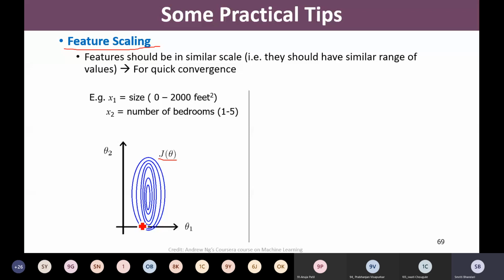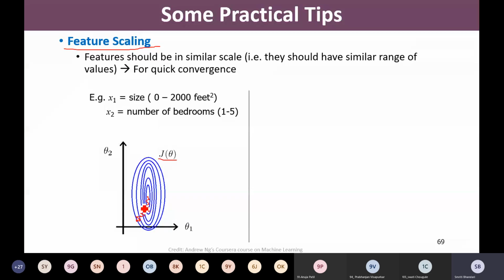If the initial value of theta 0, theta 1 is here, it may go to this point, then go back again, then proceed. We have this kind of pattern, with lots of oscillations back and forth in the computations of gradient descent till it reaches the global minimum.